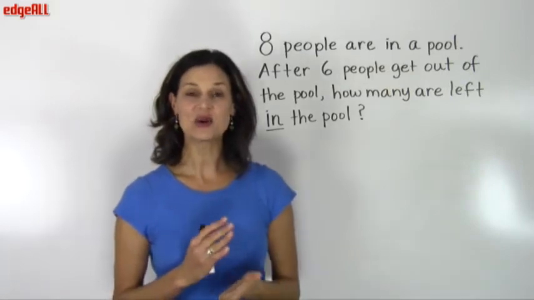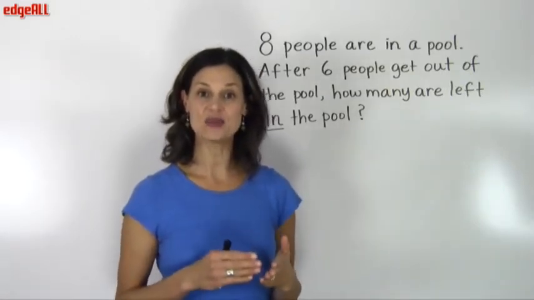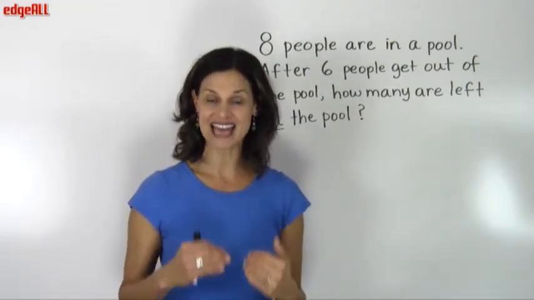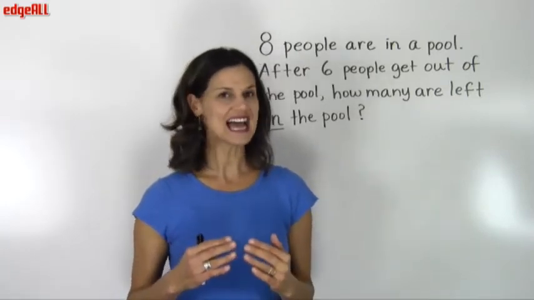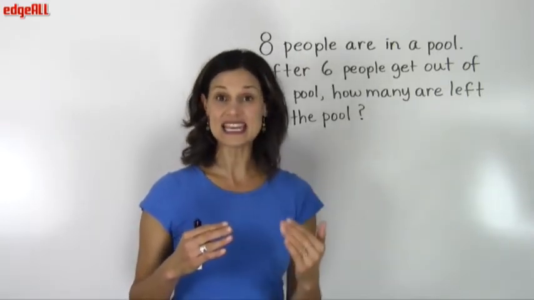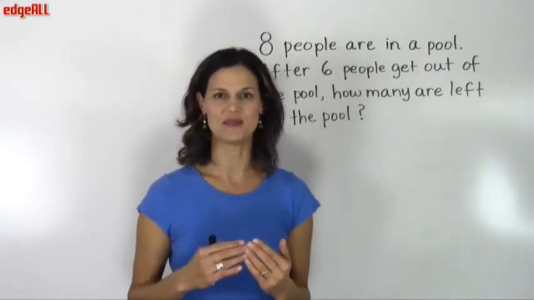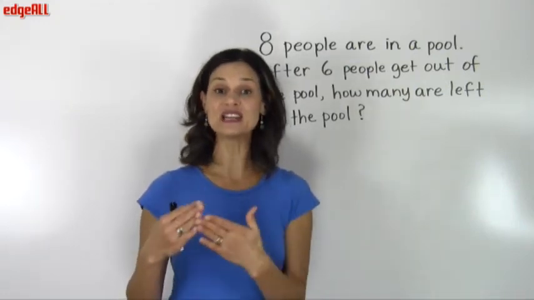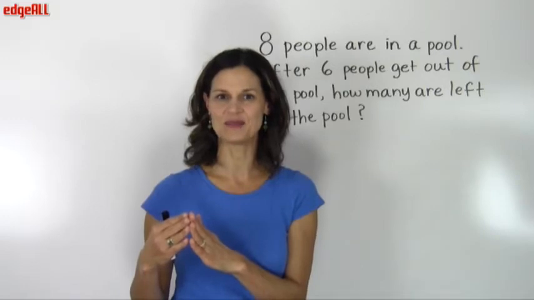If you read this question carefully, you can see that the number of people in the pool is going to become less, or is going to decrease. Anytime the answer is decreasing in value, it is a subtraction problem. On the other hand, when the answer seems to increase in value, it is an addition problem.